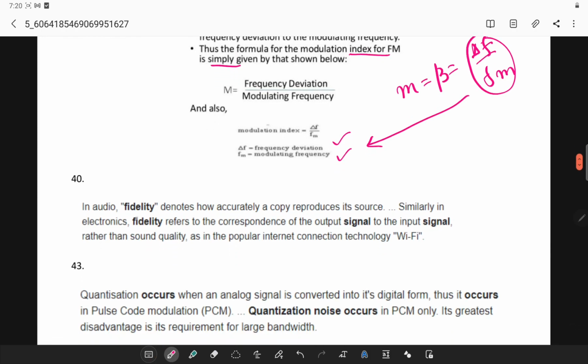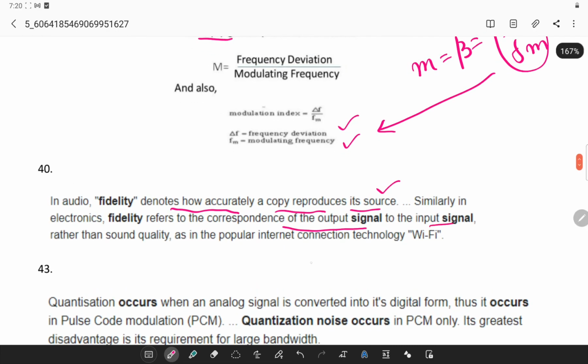In audio, fidelity denotes how accurately a copy reproduces its source. It also refers to the correspondence of the output signal to the input signal, basically in sound quality. And mostly in Wi-Fi technology, Wi-Fi stands for wireless fidelity. So it is how accurately your copy is reproduced, as it is, like that of the source.